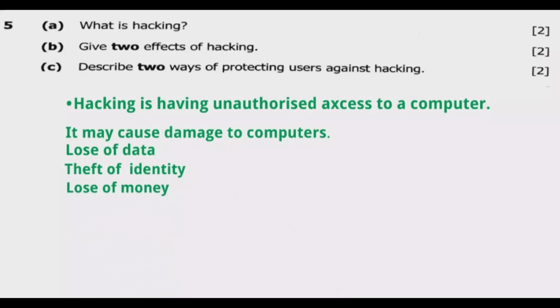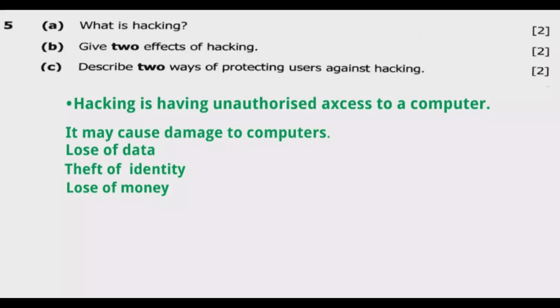I've just given you four, so you can pick two from those. The first is damage to the computer itself. Two, loss of data. Three, they will impersonate you or steal your identity. Four, loss of money, they can steal your money.